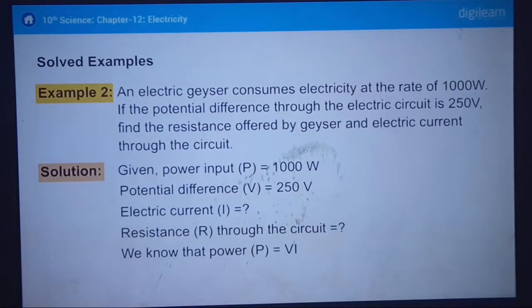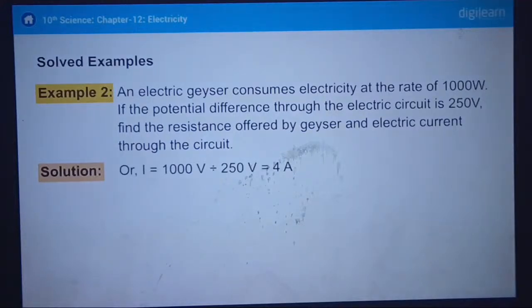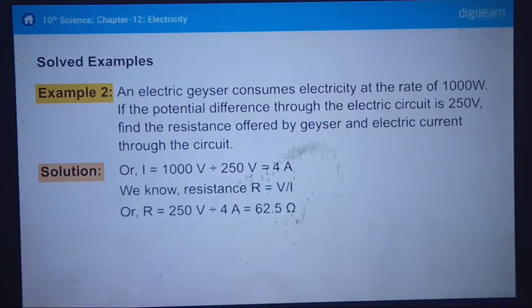We know that power P equals VI, or 1000 watts equals 250 volts into I, or I equals 1000 watts divided by 250 volts, that is equal to 4 amps. We know resistance R equals V by I, or R equals 250 volts divided by 4 amps equals 62.5 ohms.